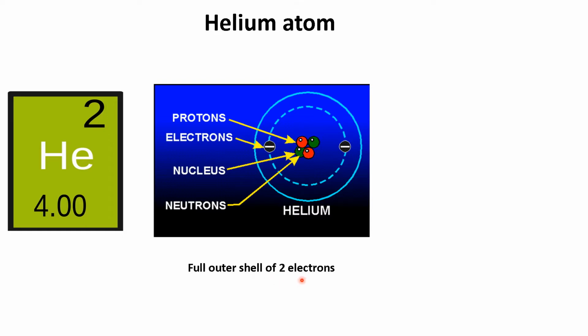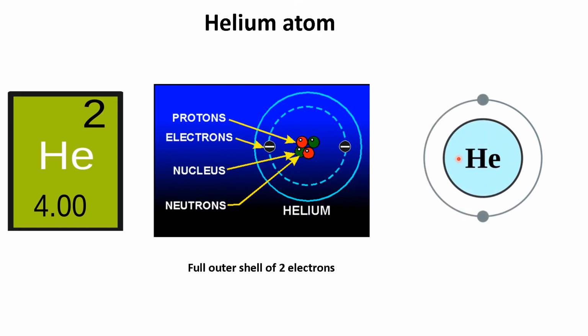Full outer shell of 2 electrons. In the helium atom, we have only one shell which contains 2 electrons. We fill it with 2 electrons. Helium has atomic number 2, and we write the distribution of electrons as 2.